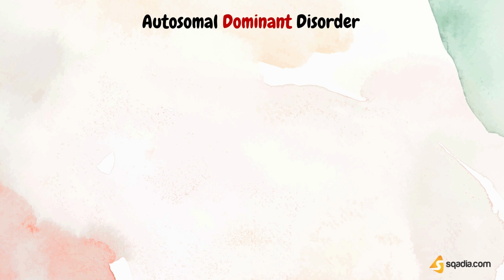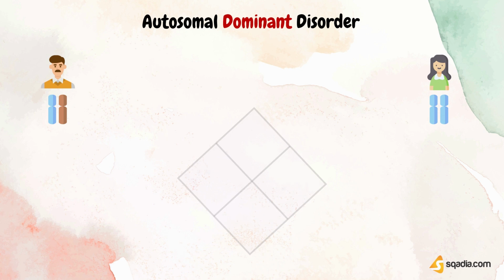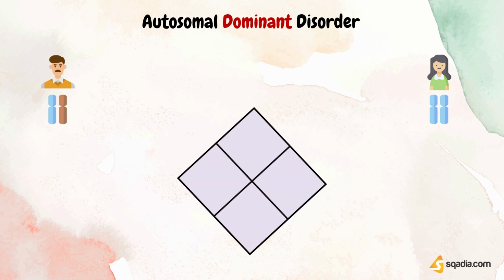Let's understand its pattern. A diseased person having one normal and one diseased chromosome marries a normal woman having both chromosomes normal. This side is for father and this side is for mother. In the first child, a normal chromosome from father and a normal chromosome from mother. In the second child, the same. In the third child, a diseased chromosome from father and a normal chromosome from mother.